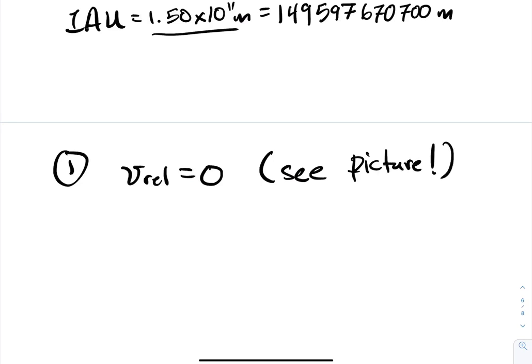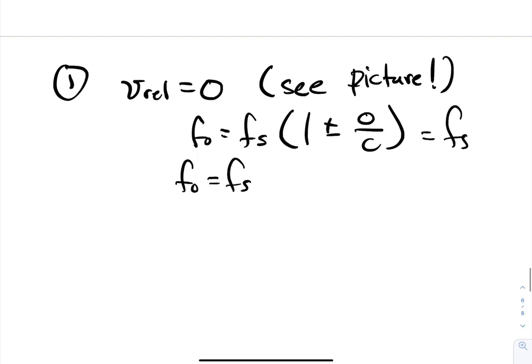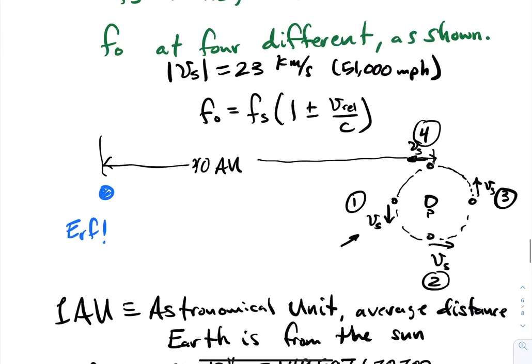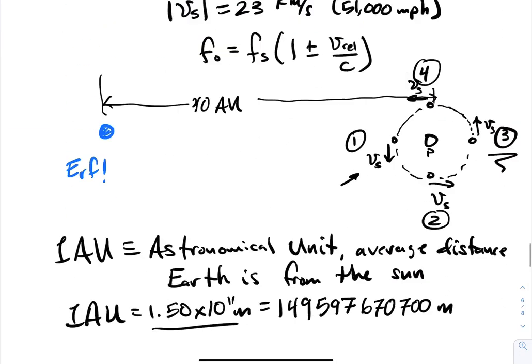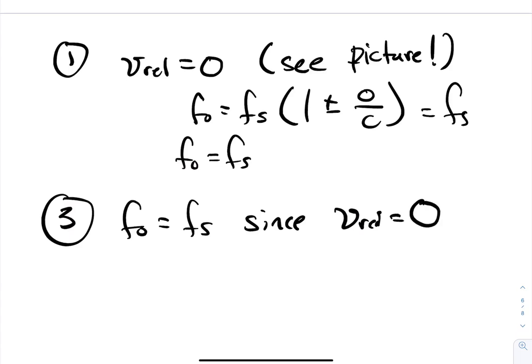And if V relative is 0, then we would get F sub o equals Fs, 1 plus or minus 0 over C, which is just Fs. And so F sub o equals Fs. I bet that would be the same for spot 3, wouldn't it? So we can note spot 3, F sub o equals Fs, since V relative is 0.